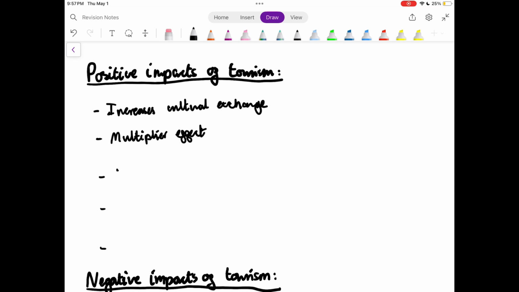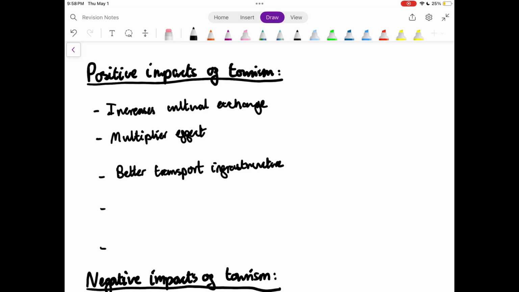Another positive impact is better transport infrastructure. And this is because if an area wants to invest in tourism, they need to also invest in the transport infrastructure so that tourists can easily navigate themselves around the area of tourism.